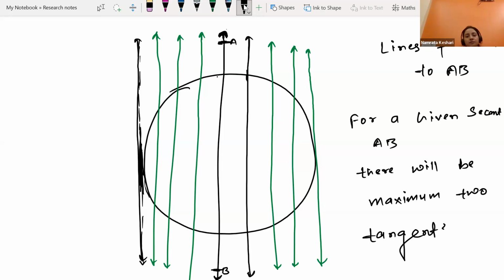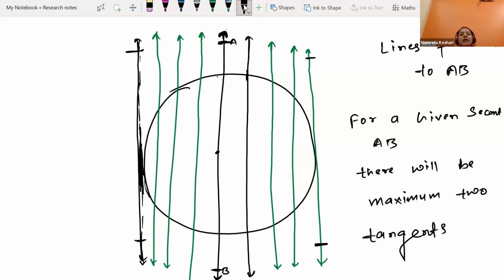Yes or no? Can you see that a maximum of two tangents only we can draw, parallel to the given secant? The secant is not necessarily passing through the center, however in this question I have taken it passing through the center.